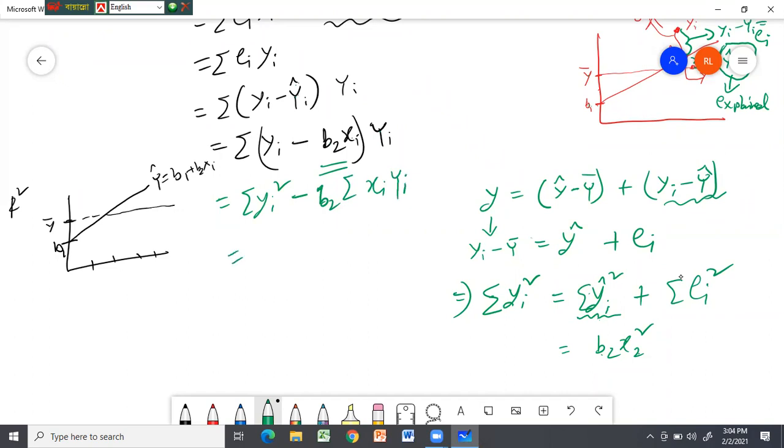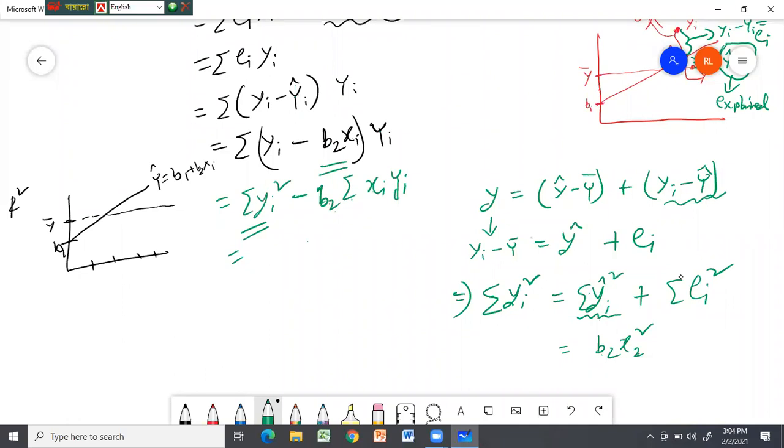Now you are just going to calculate the summation of small yi square minus b2, the slope coefficient value calculated from your data, and summation of your xi into yi. This is your small xi, and this is your small yi.